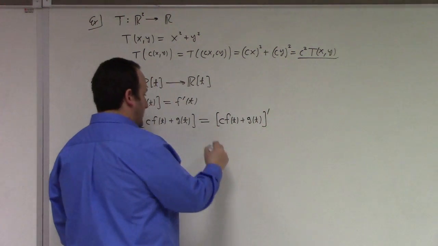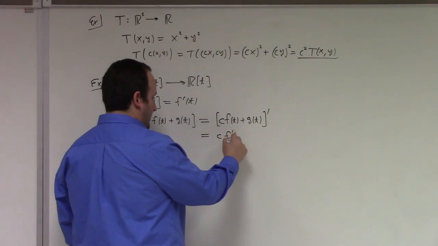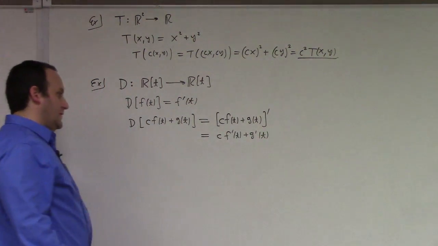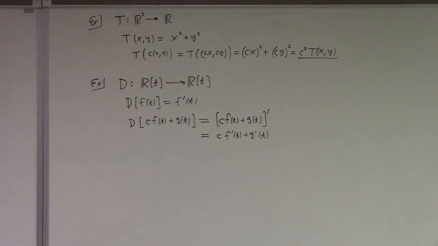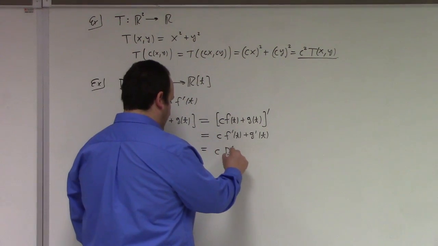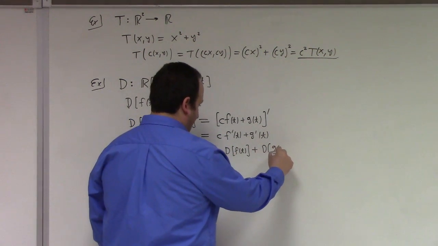But we know how prime works because we took calculus. This is c times f prime of t plus g prime of t, right? By calculus. And that is, well, there you go. That's c times d of f of t, plus d of g of t.